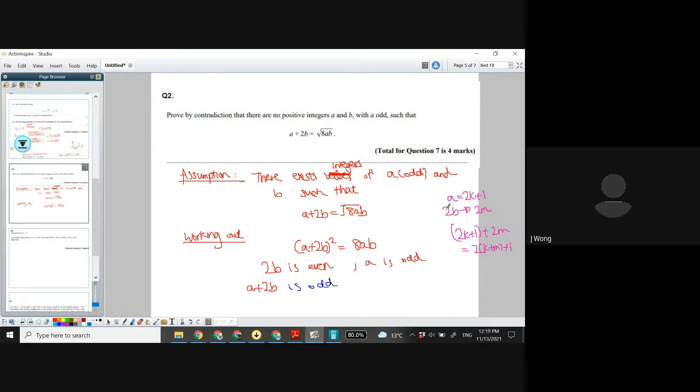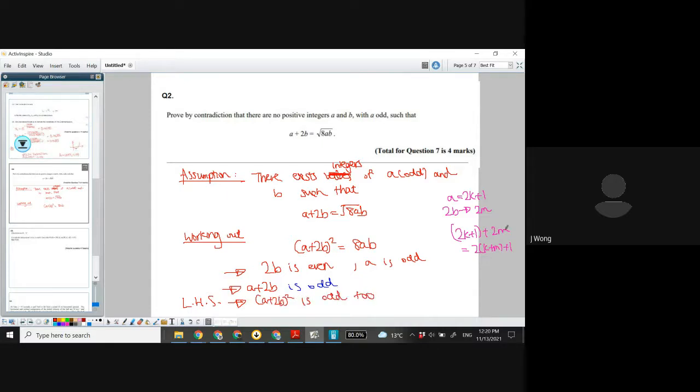So that's why it indicates that this number is odd. So carry on with our logic. That means on the left hand side of the equation, if you square your odd number, it is odd as well.